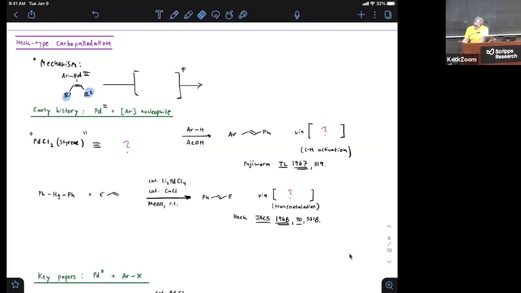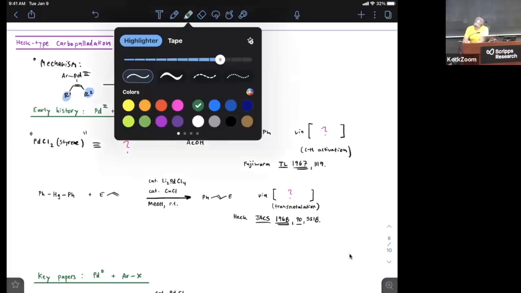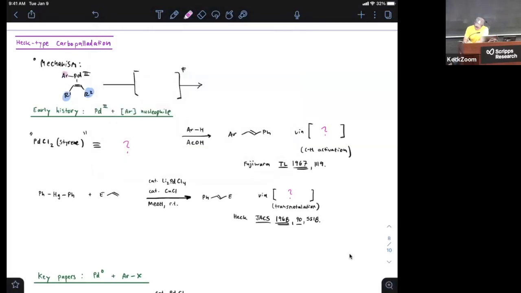The difference from what we saw before is that now we have our migrating group, the aryl species, directly attached to the metal. It can coordinate to the alkene, and then the transition state. Wenji, walk us through what's going to happen here. Transition state, and then the product.